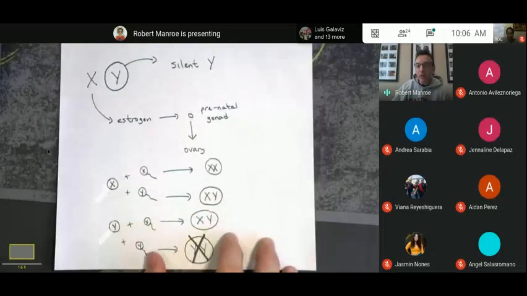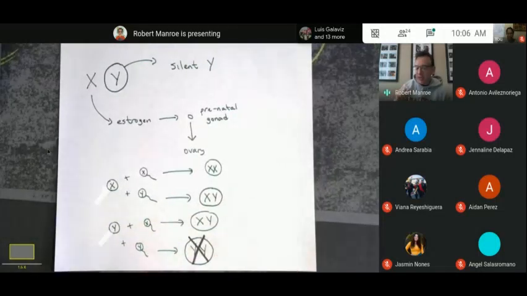The Y will still be silent because of something that we don't talk about in high school: transcription factors. If you have a gene, and we talk about RNA polymerase bonding to the gene and then reading the gene and producing messenger RNA, there are proteins that bond directly to the DNA that can either induce or increase transcription, or they can block transcription.